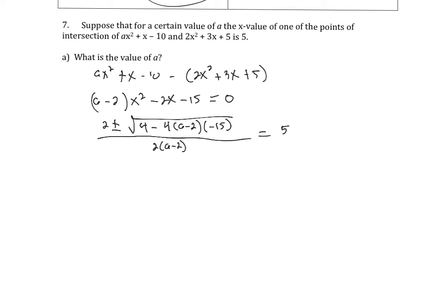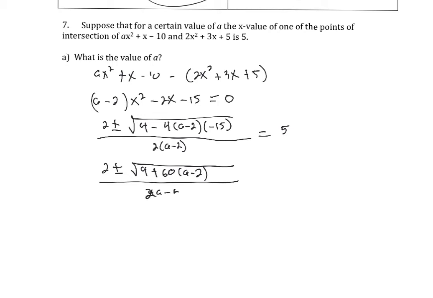Okay, so let's simplify a little bit here. And what we'll do is we'll get 2 plus or minus, and inside here this whole thing becomes 4 minus, or rather plus 60, which is 4 times negative 15, times a minus 2, and this is over 2a minus 4.